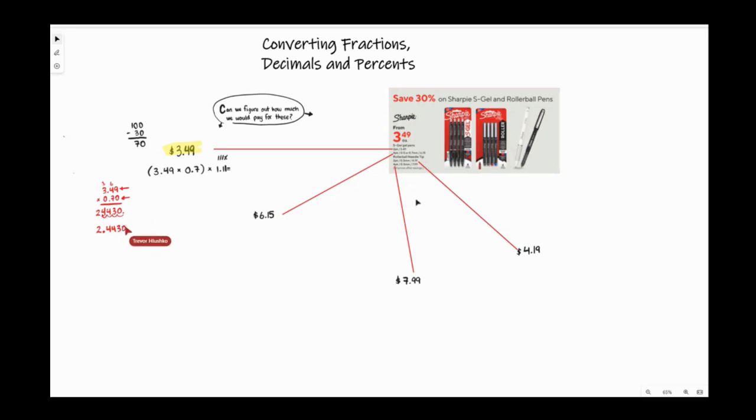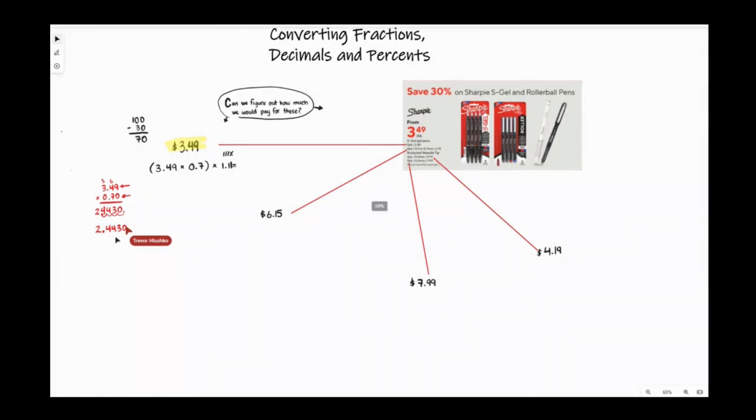I don't deal with 4 decimal places when I am working with money. So we can just round it, well, actually round it down to 2.44. Okay. So that is what ends up right here.